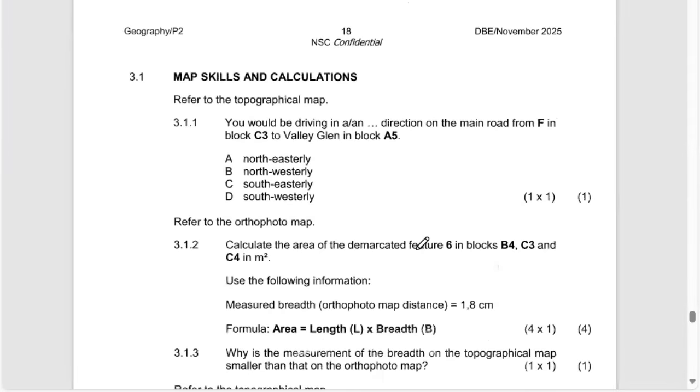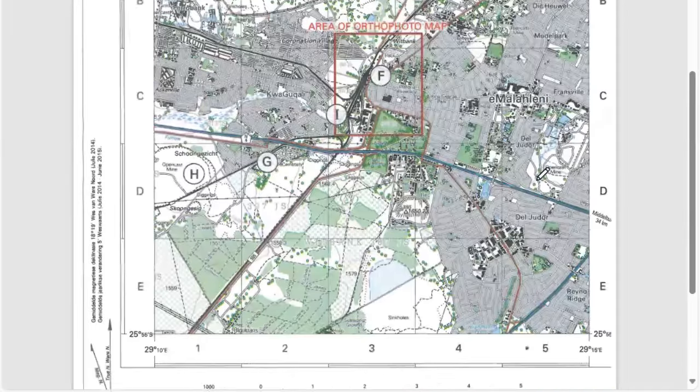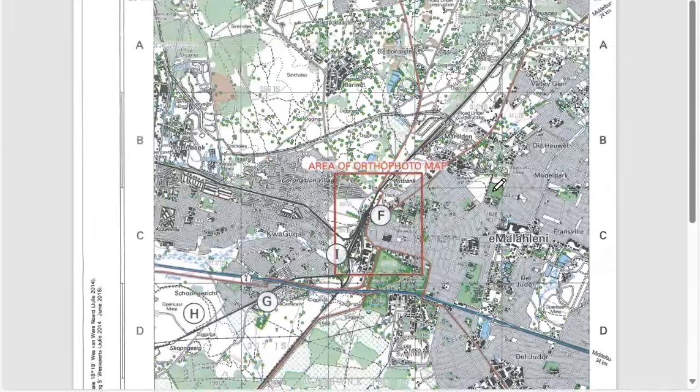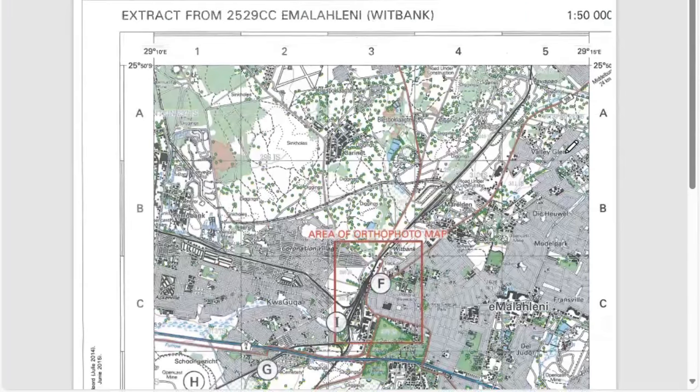You would be driving in which direction on the main road from F in block C3 to Glen in block A5? We are looking at the topographic map. Which direction will we be moving from F? We are going via the main road to Glen, River Glen, here to this farm from F along the main road.